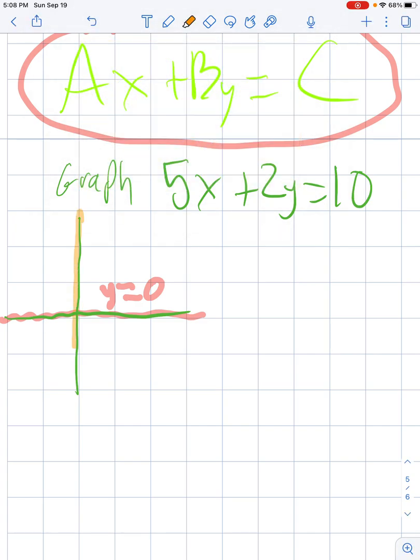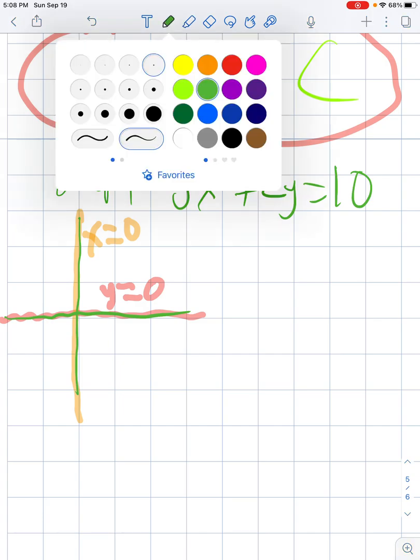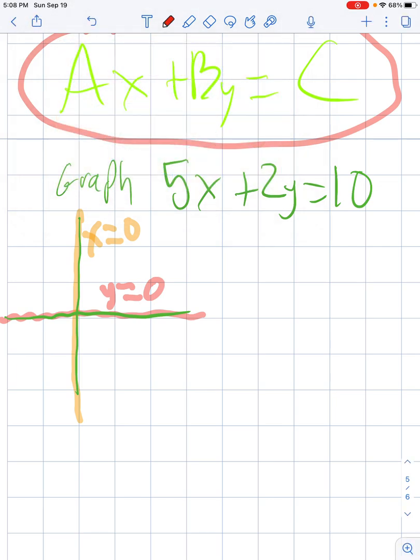Similarly, if I'm trying to find the y-intercept, my x value has to be 0. So I can just plug in those values.